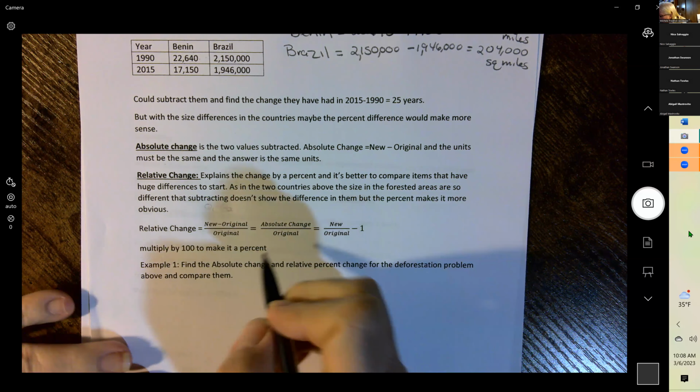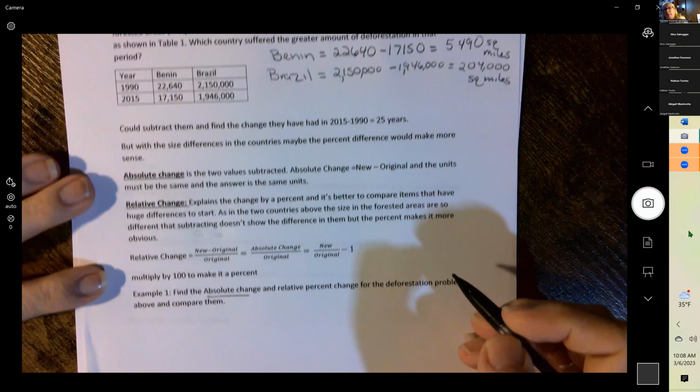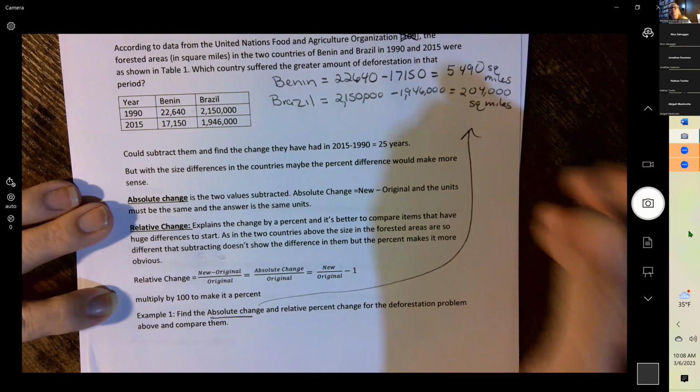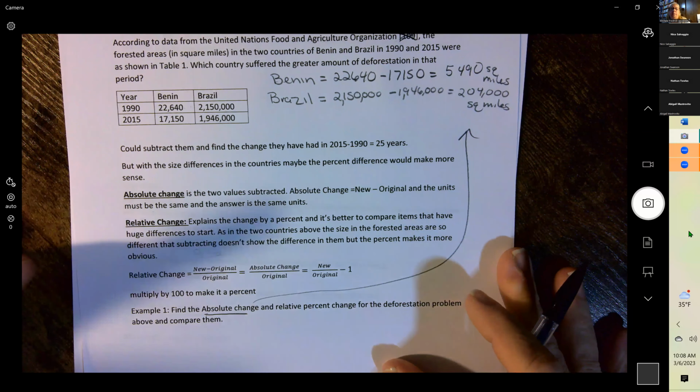Okay, absolute change. I did that first. It's up there. You're just subtracting them.